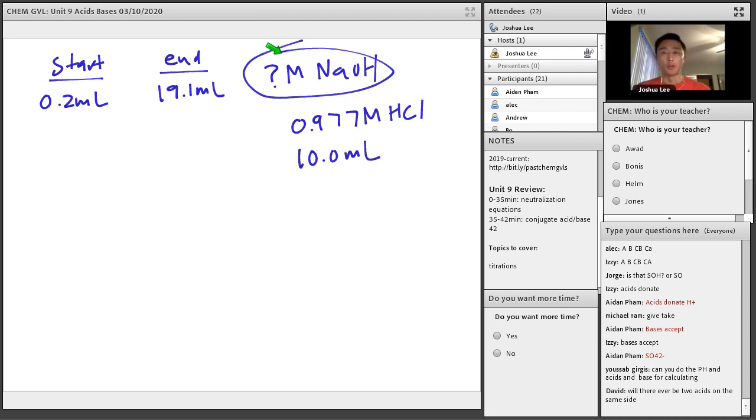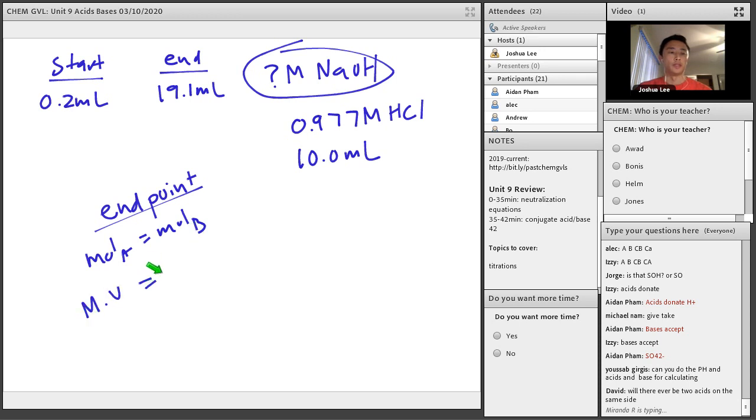So the whole point of the titration, remember, was to get to the endpoint. At the endpoint, moles of acid equals moles of base. That's why M times V equals M times V. We know the molarity of the acid, 0.977.